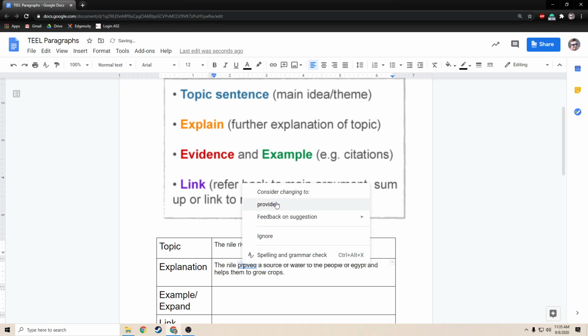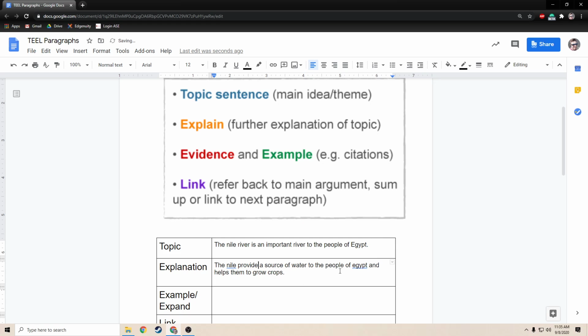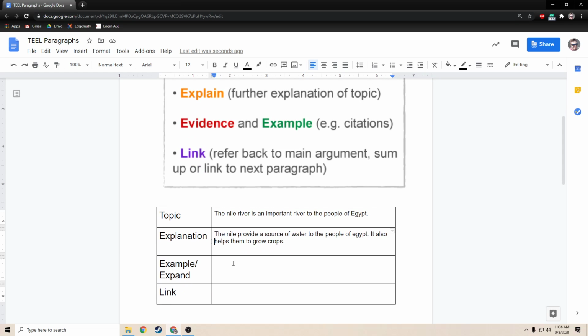I could break this up into multiple sentences here by saying this is an end and add this as a second sentence. It also helps them to grow crops. Now I've got two sentences I can explain two different things on.